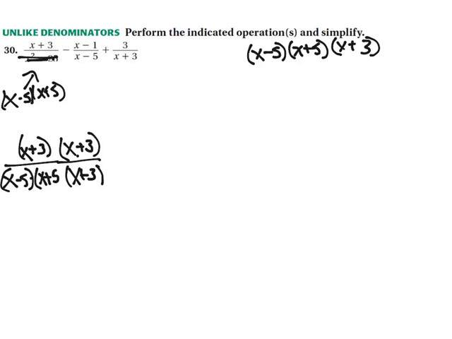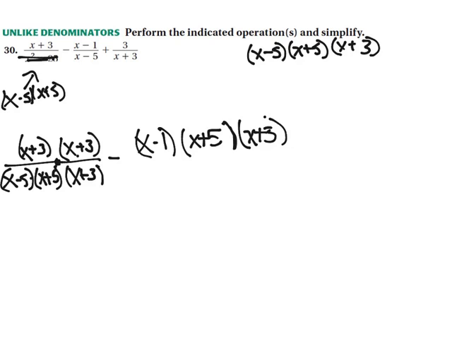I'll end up with my complete denominator there, minus x minus 1, and then I'm going to need to multiply this one by x plus 5, x plus 3, over x plus 5, x plus 3.